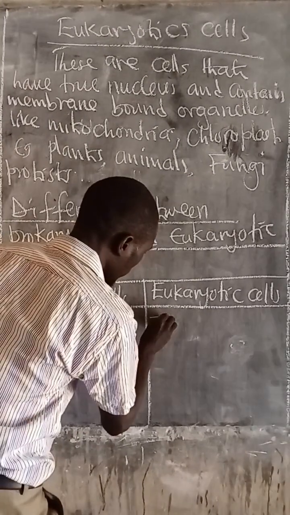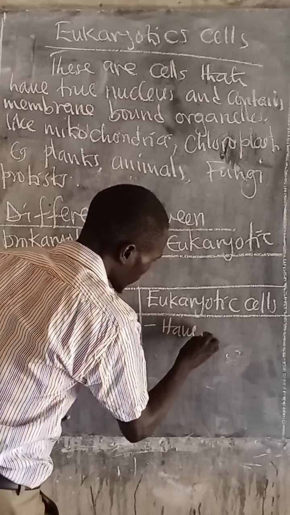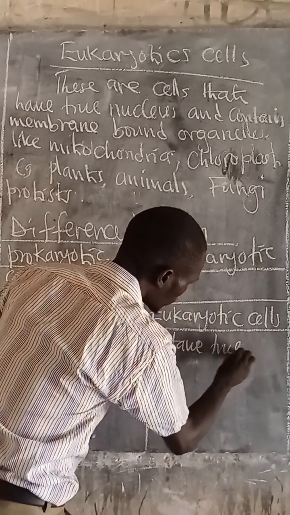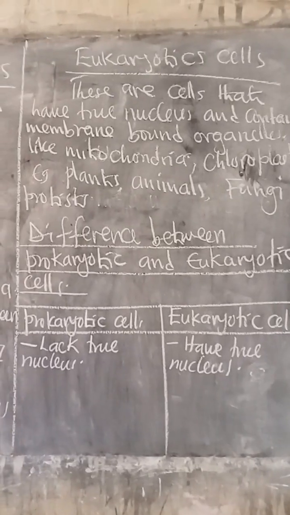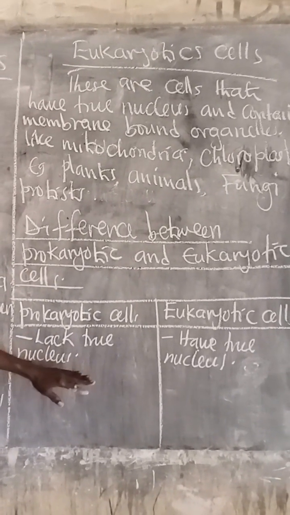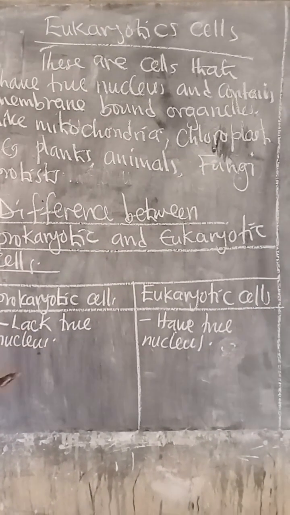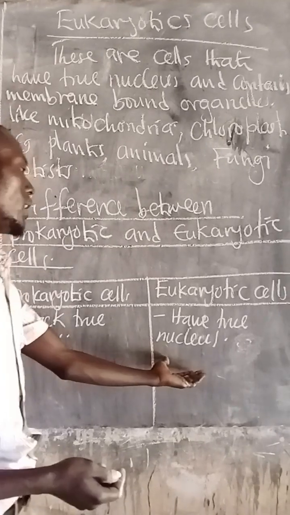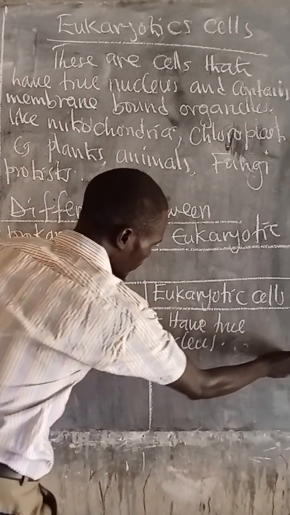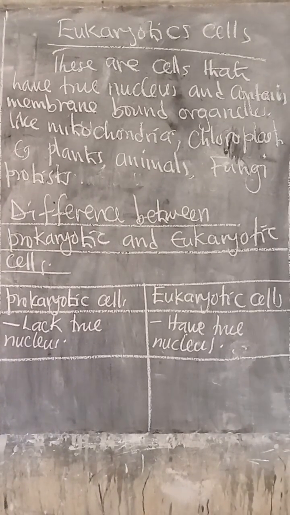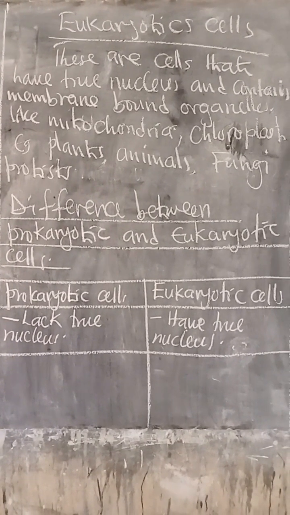Meanwhile, eukaryotic cells have a true nucleus. Meaning that in prokaryotic cells, the nucleus is not surrounded by a nuclear membrane, while in eukaryotic cells, the nucleus is surrounded by the nuclear membrane, which is our first difference.